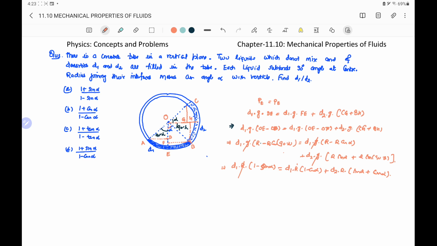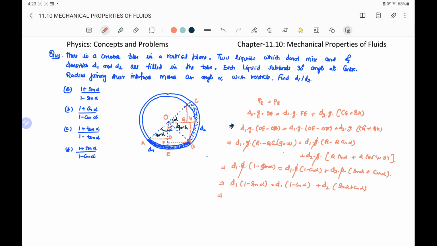R is common on the left and right hand side, so this gets cancelled. So remaining is d1 into 1 minus sin alpha equal to d1 into 1 minus cos alpha plus d2 into sin alpha plus cos alpha.